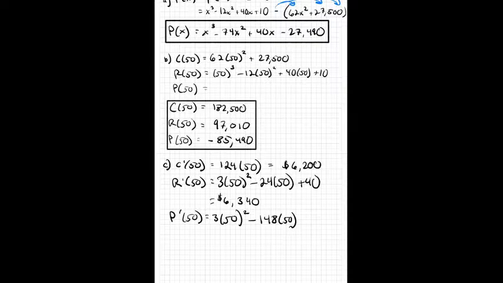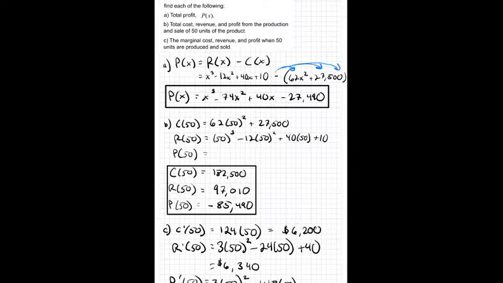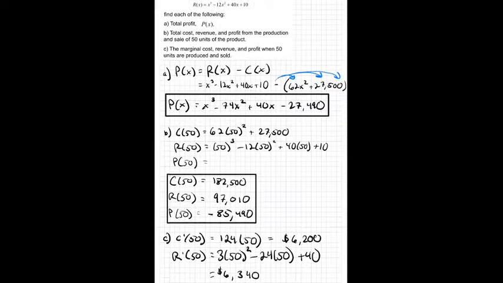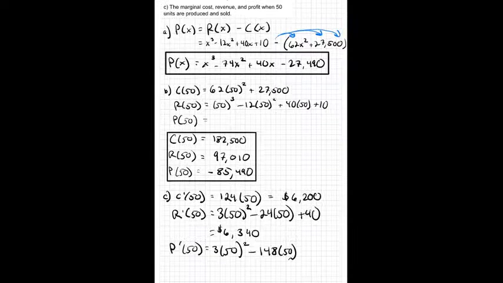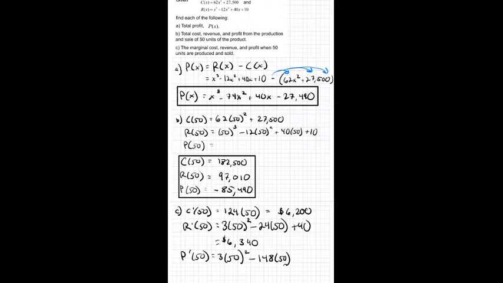Wait a minute. Revenue, uh-oh. I think I may have used the wrong revenue function. Let me look at it again. 3x squared minus 24. Okay, I think we're okay. Let's keep going with it.